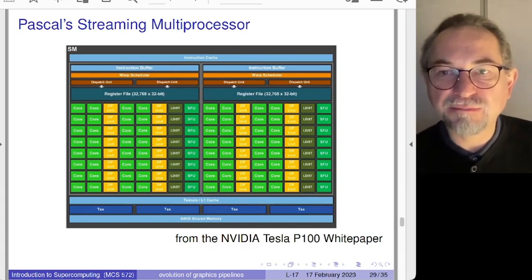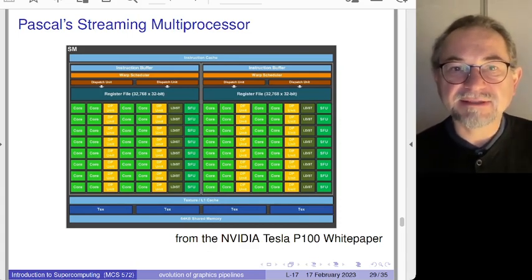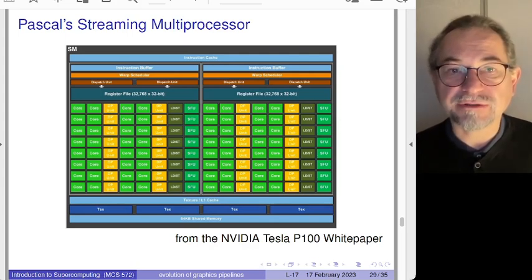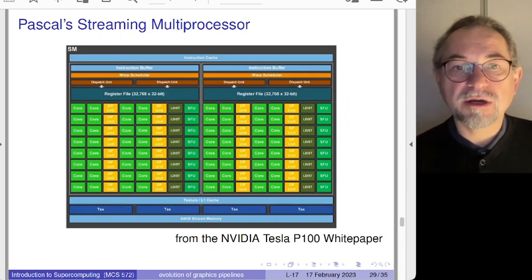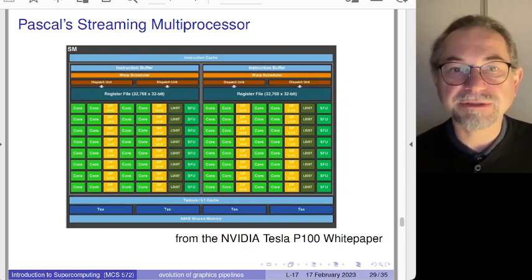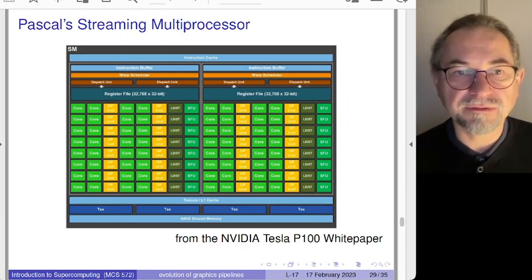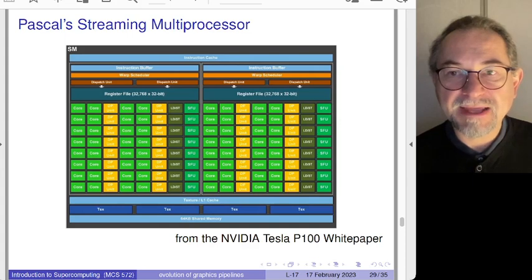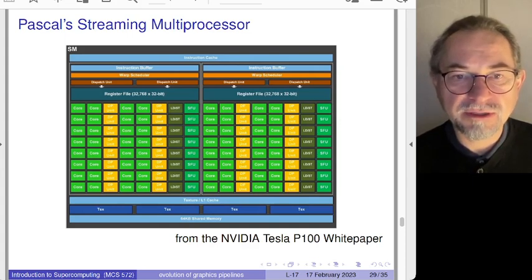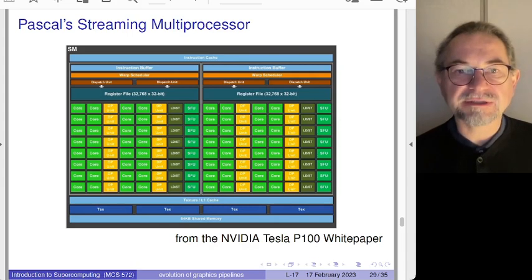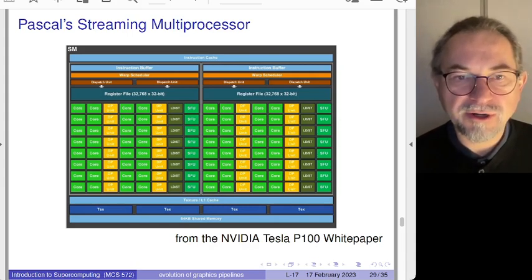Every streaming multiprocessor is capable of scheduling 2 lanes of instructions. You can see that there are 2 instruction buffers there, and there is a warp scheduler. If one streaming multiprocessor has 64 cores, then they're divided up in groups of 32. You can see the green blocks labeled core.